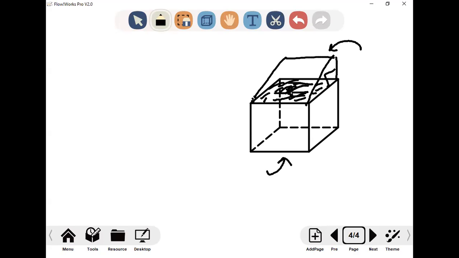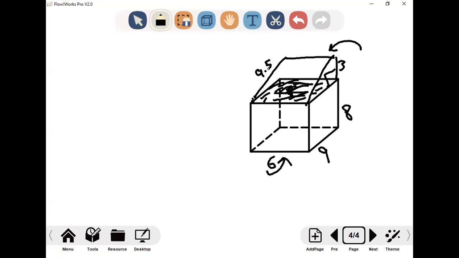So this face, I will exclude it. Got it? Now the dimensions are 6 here, 9 here, 8 here, and here we have a 3, the height of the triangle, and here we have 9.5.